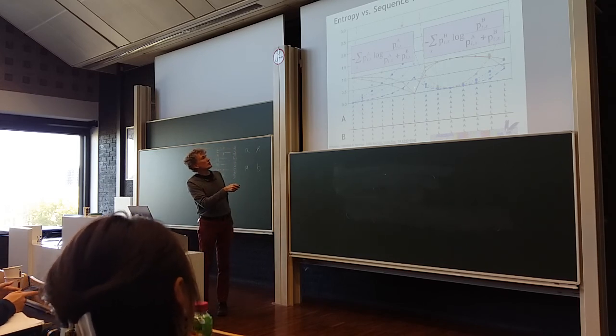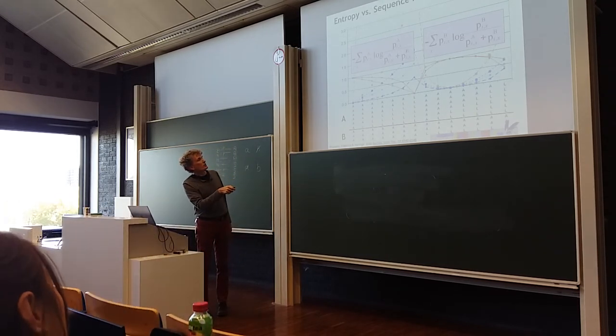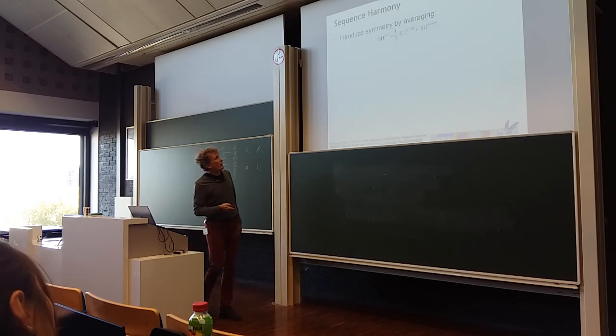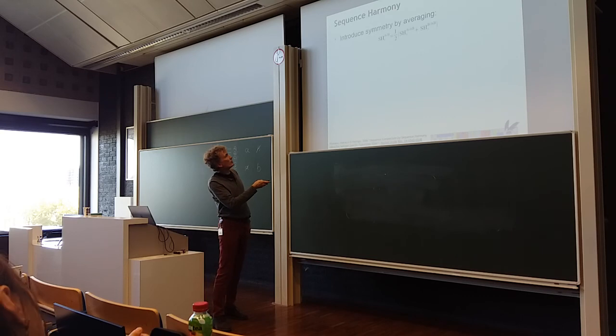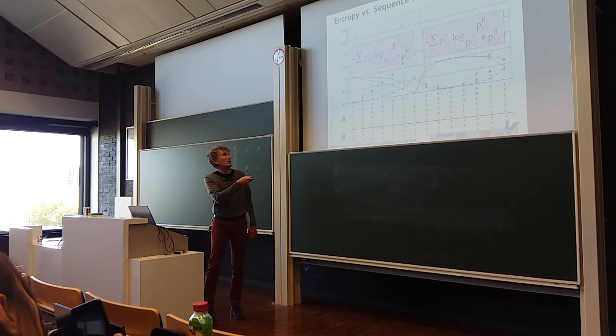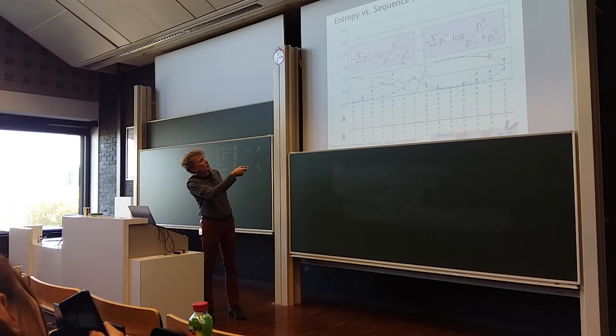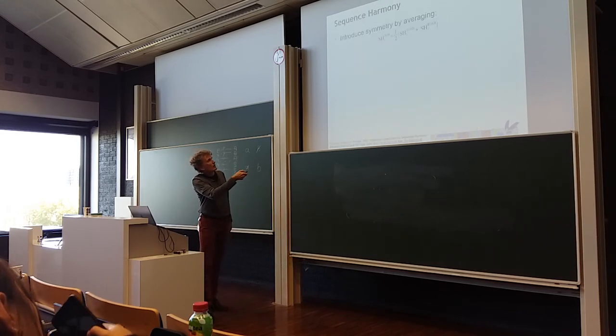It's still slightly asymmetric, and that you can solve by taking the average of this. So we call this sequence harmony, and this is the one where you do A versus AB, and this is the one where you do B versus AB.